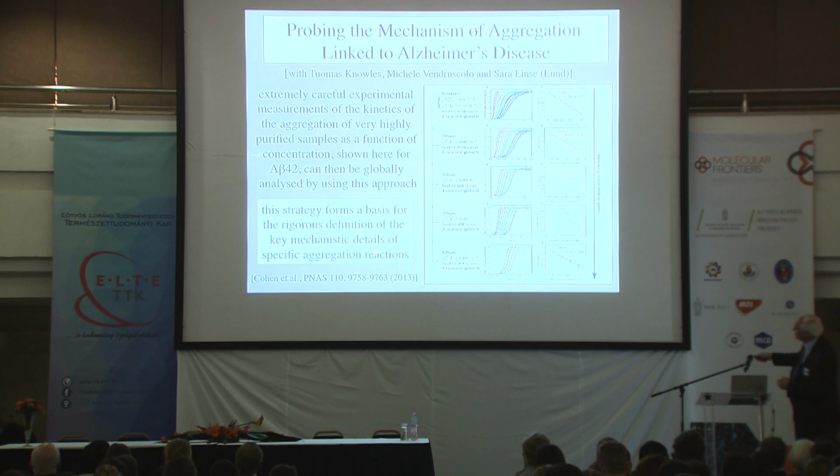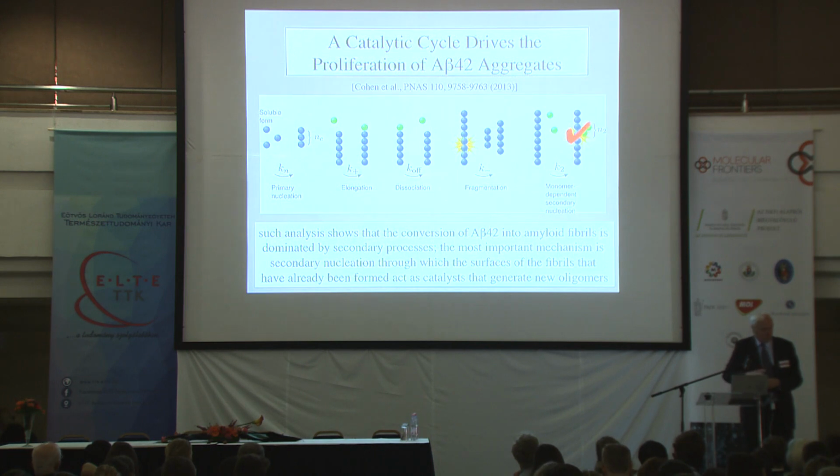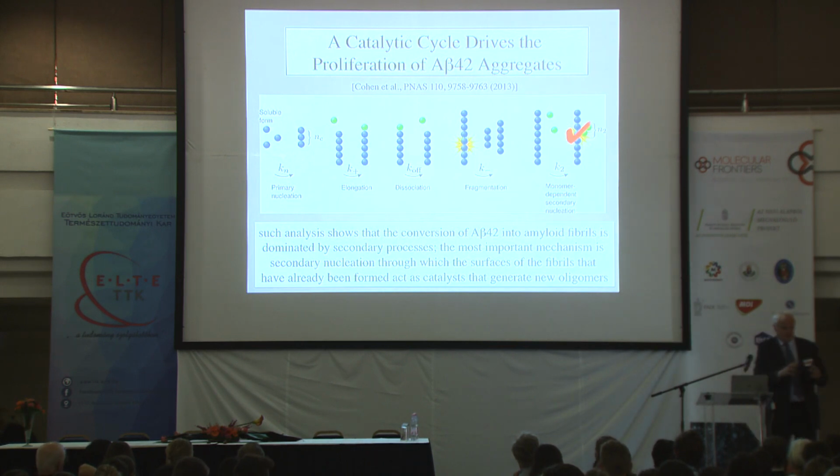And this then enabled us to fit these curves and to get the details of the key mechanistic steps which dominate these aggregation processes. And we were very surprised. We thought the primary nucleation step, where you have to get the molecules to come together, was going to be the really rate-determining step. But it turns out it's not so. For A-beta-42, it's actually this secondary process.